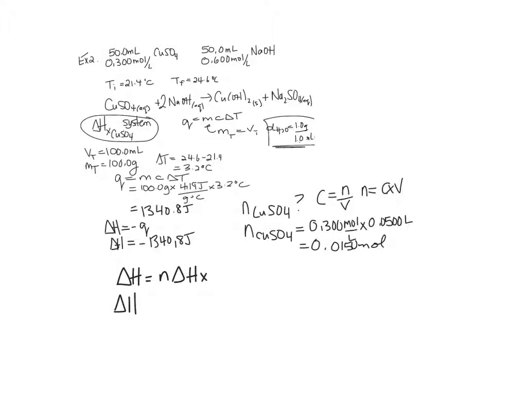So delta HX is delta H divided by N. So we have negative 1340.8 joules divided by 0.0150 moles.